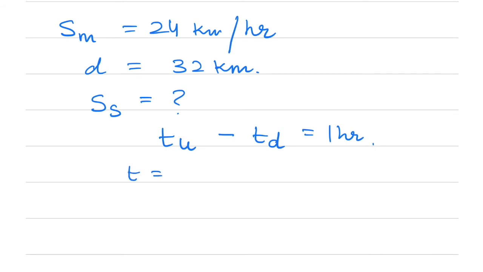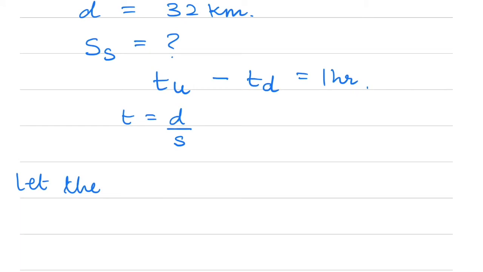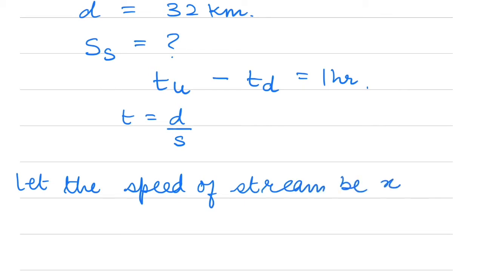Time is equal to distance by speed. Let the speed of the stream, which we need to find out, be x kilometer per hour.